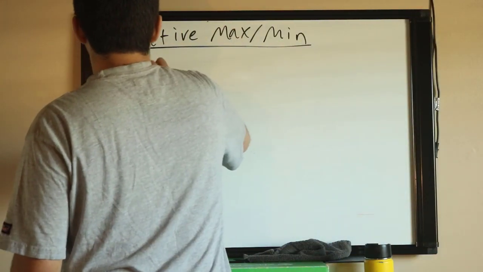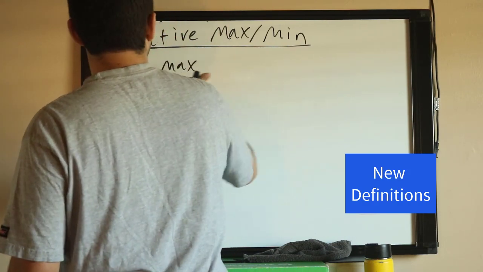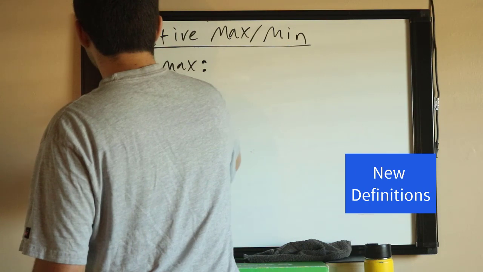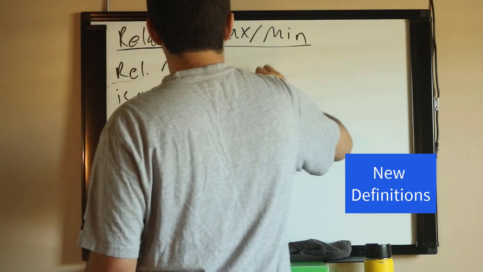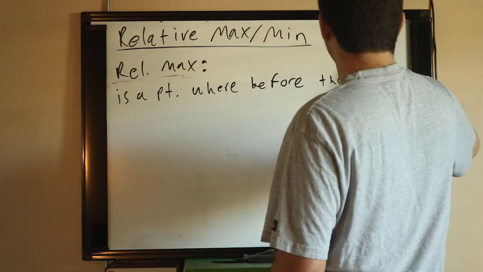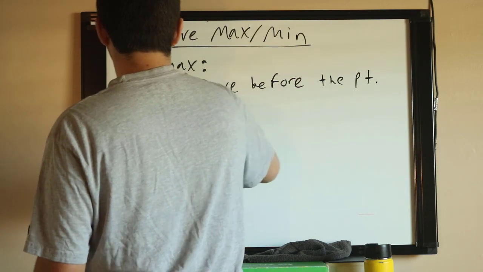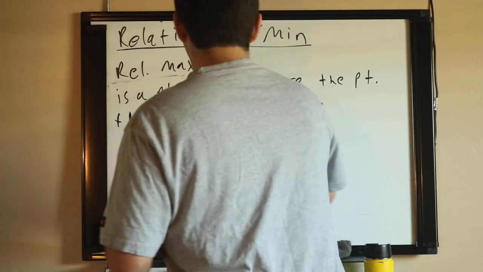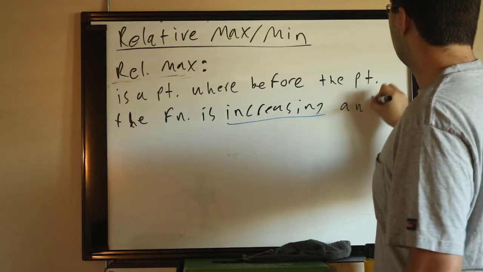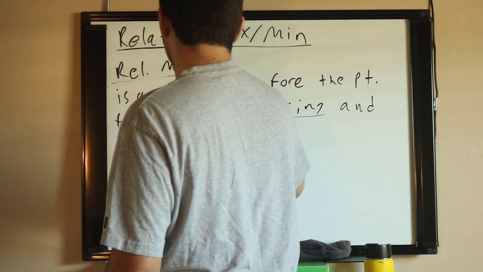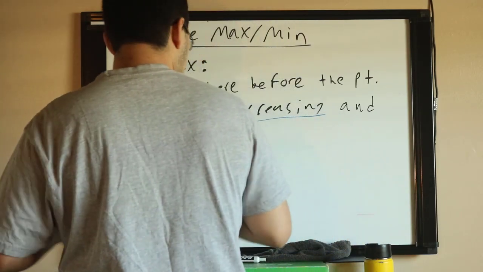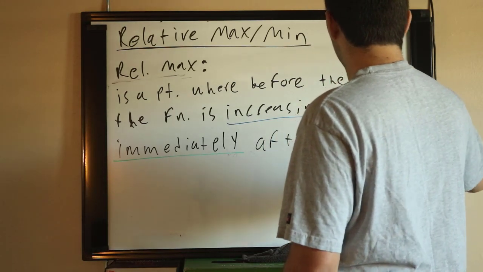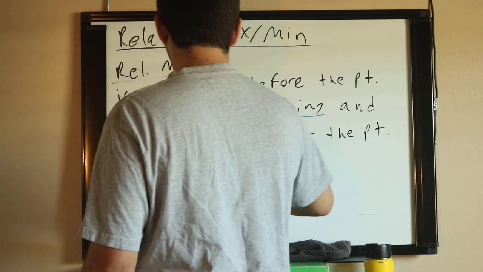So what does it mean to be a relative max? A relative max is a point where before the point the function is increasing and immediately after the point the function is decreasing.